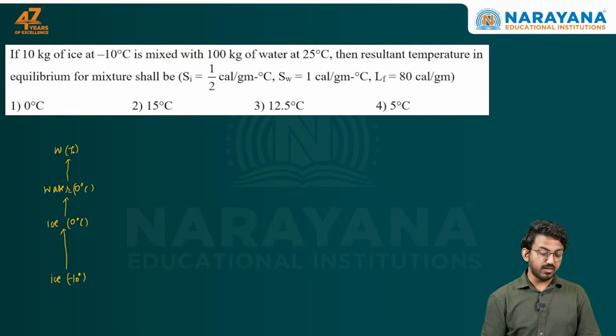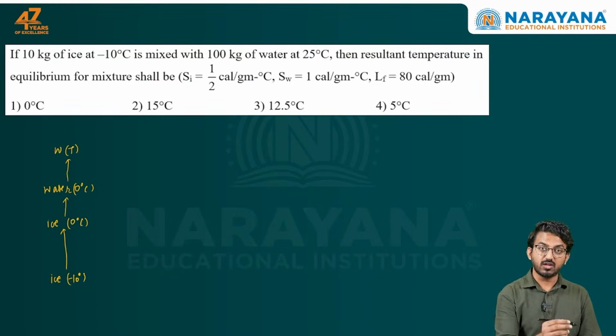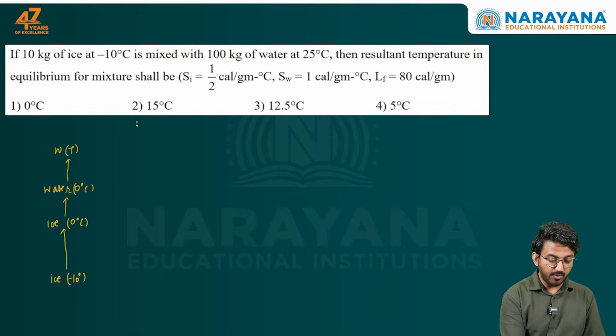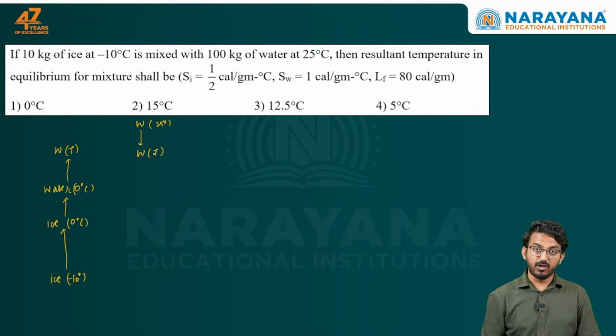Along this way, the ice will absorb energy. This process is absorbing energy, and from here we have water at 25 degrees Celsius coming down to water at equilibrium temperature T. And in this case, the water here will be losing energy.